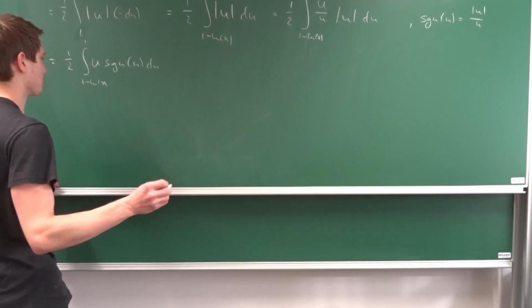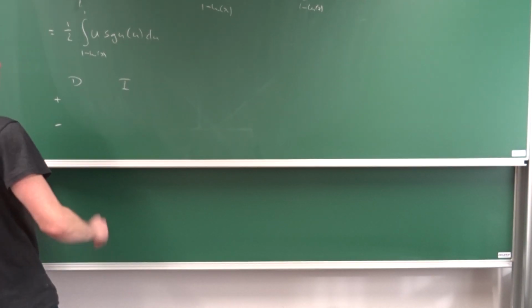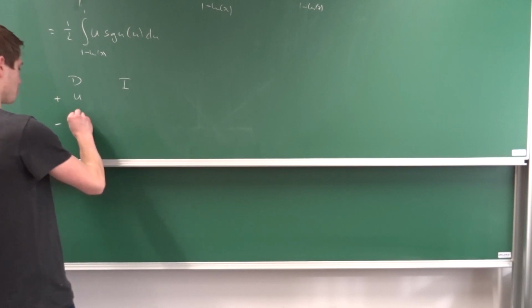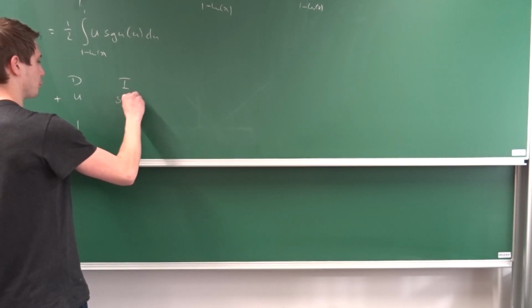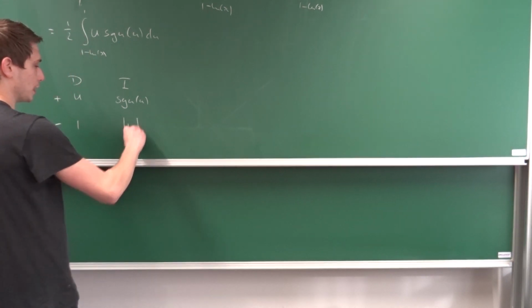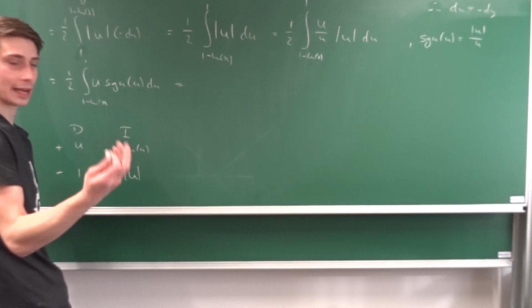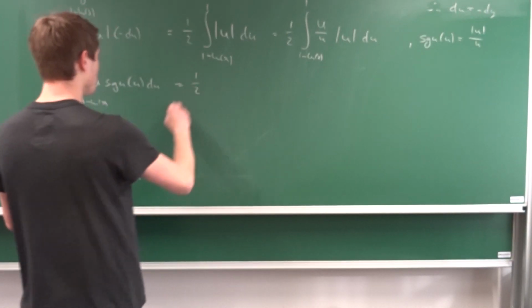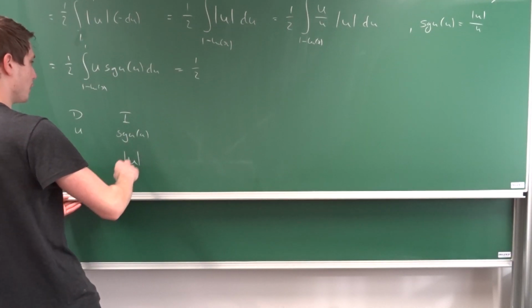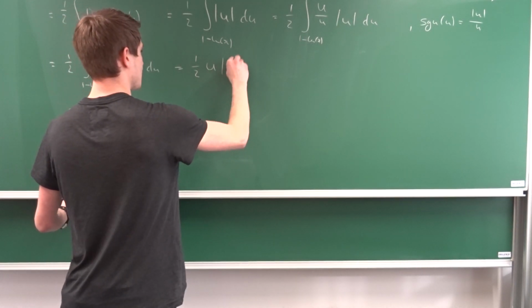And now we want to use integration by parts. We need something to differentiate and something to integrate. Okay, let's differentiate u, that goes to 1. And the sine of u on non-zero sets can be integrated to the absolute value of u. That's nice. Okay, so what we have now is just 1/2, don't forget the 1/2, times u times the absolute value of u.